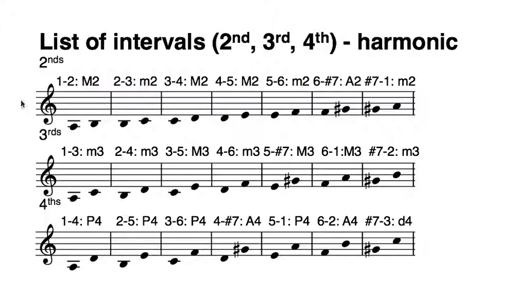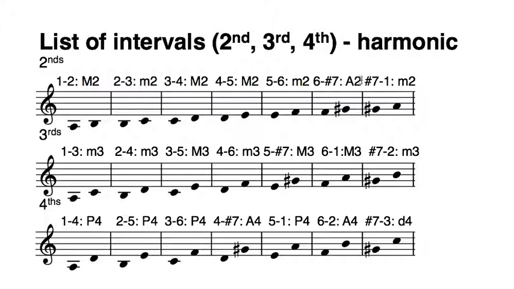So in this case, I'm providing seconds, thirds, and fourths in the harmonic minor scale. You can get fifths, sixths, and sevenths by inverting these. Notice here how now I do not have the same amount or the same type of intervals as I had in a major scale, because I'm adding accidentals to those white keys, so to speak. So now I have our major and minor seconds as before, but I also have an augmented second.